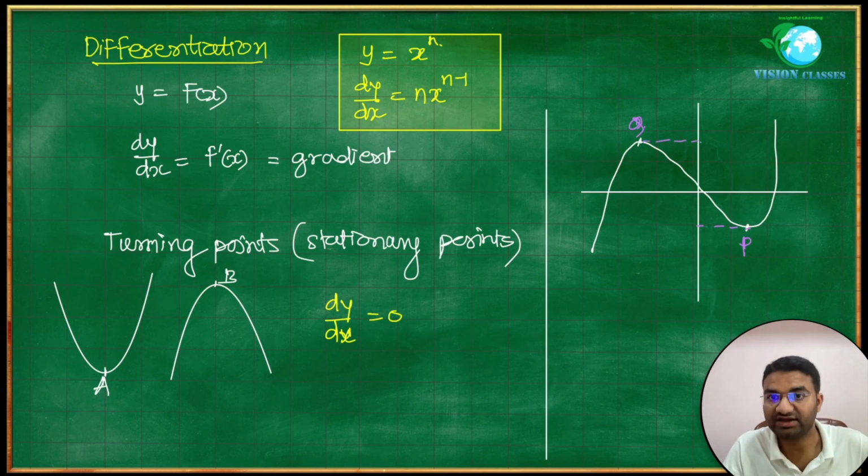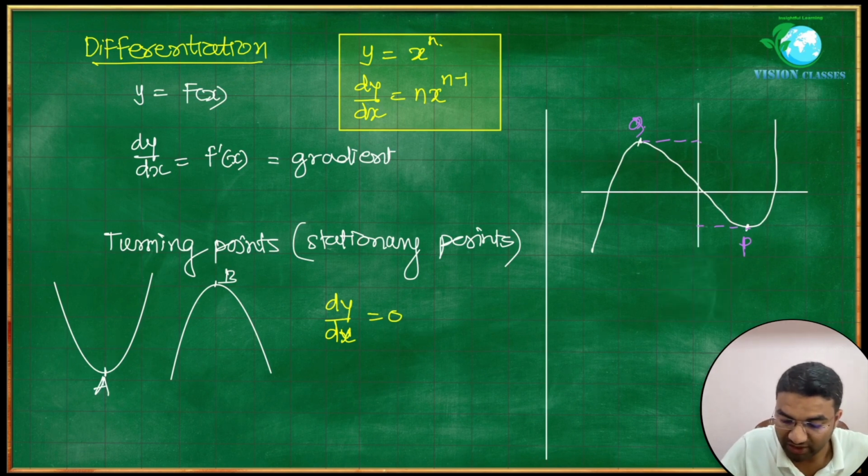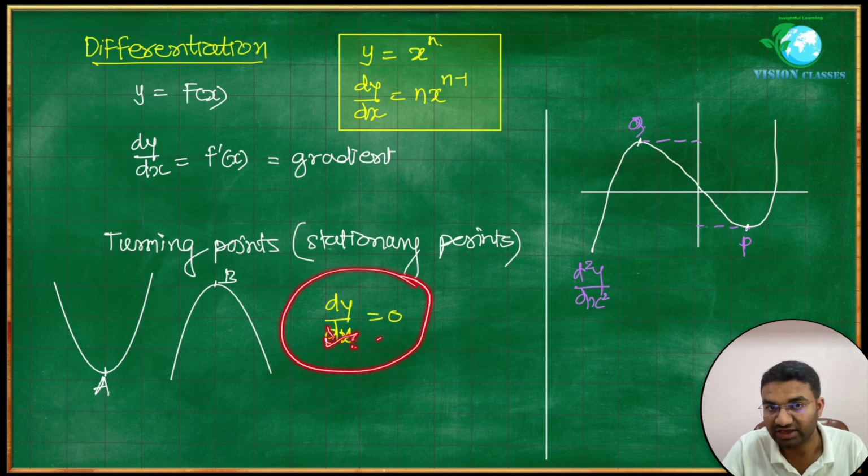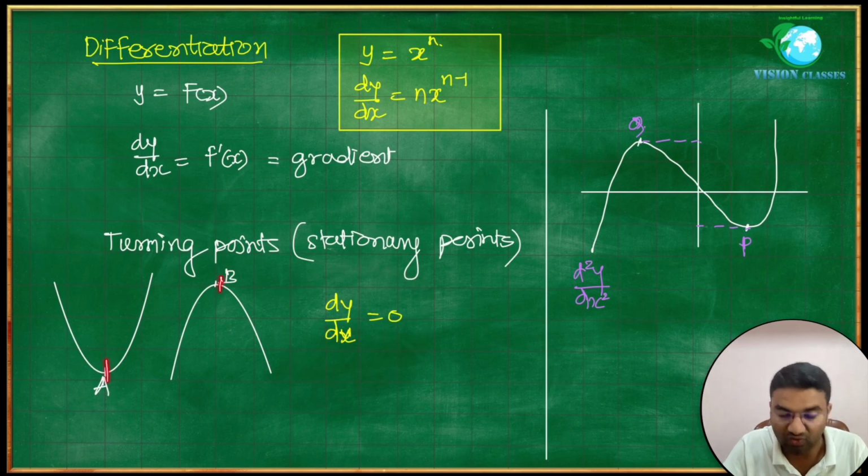How can we tell which is the minimum and which is the maximum? We have to take d2y by dx square, and substitute the stationary point values we got from the first part. When we equate dy by dx to 0, we get the x and y values for A and B, or P and Q.